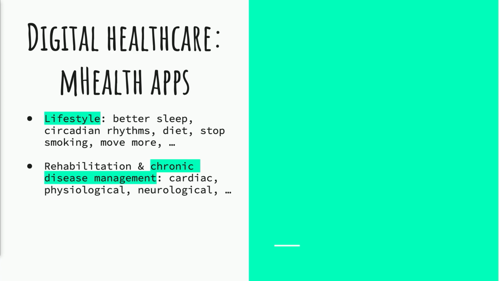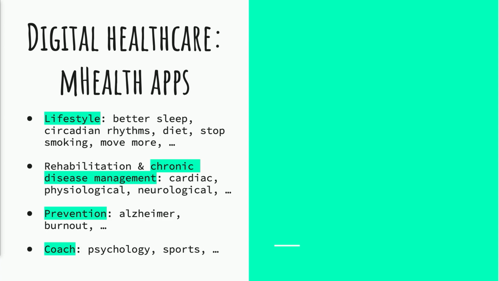So it could be, for example, cardiac, physiological or neurological rehabilitation, where we have patients who really need to improve their lifestyle. And then it could also be used in prevention, for example of Alzheimer's, burnout, and so on, where the disease hasn't developed yet, but we want to prevent it. Of course, and then for the AI coach, for example, for physiology or for sports.